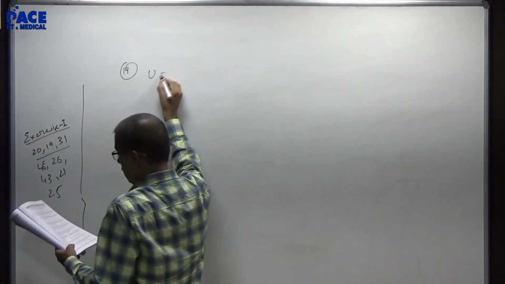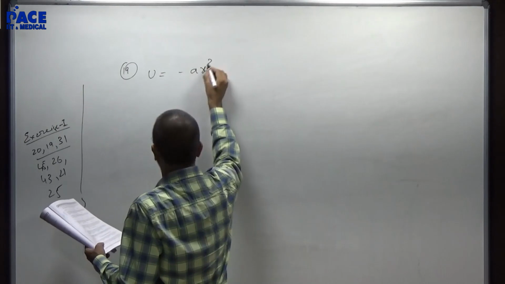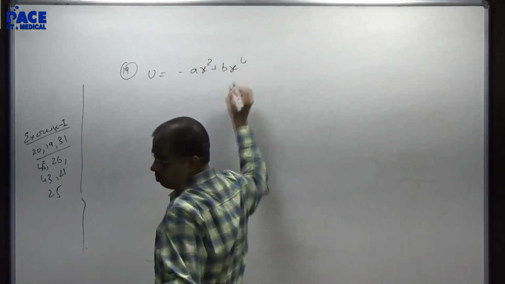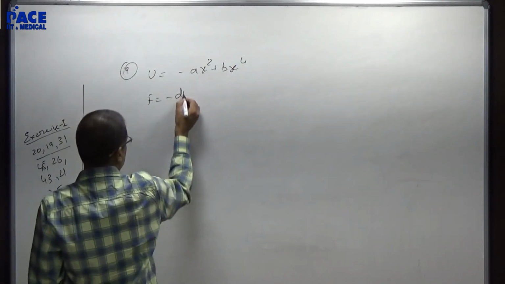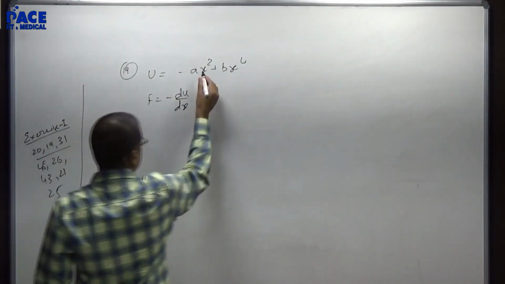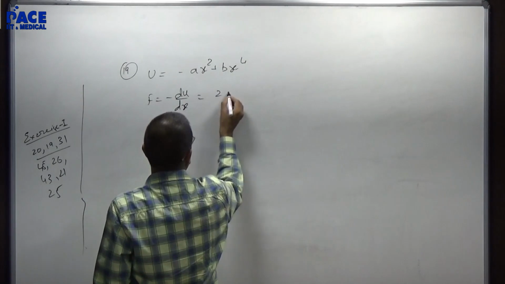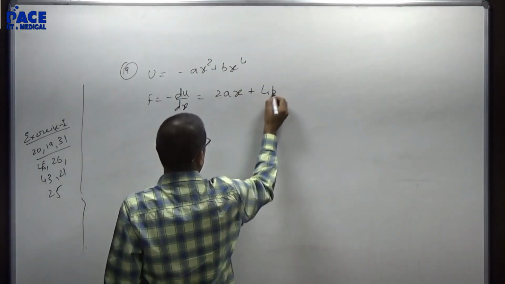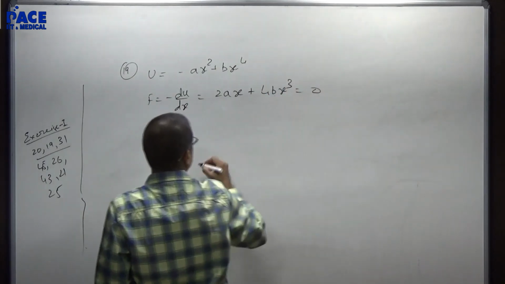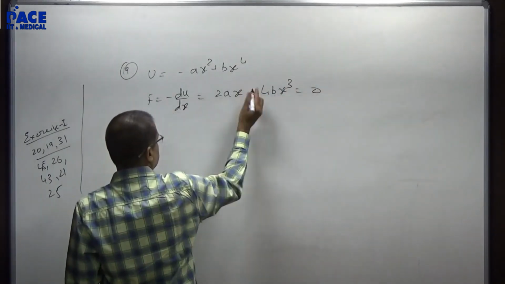19. Potential energy is minus ax square plus bx to the power 4. F is equal to minus du by dx. Plus 4bx cube should be equal to 0. This will be minus.